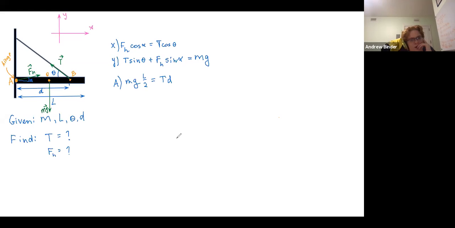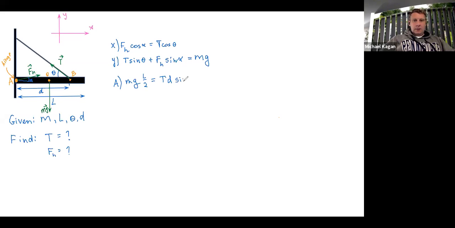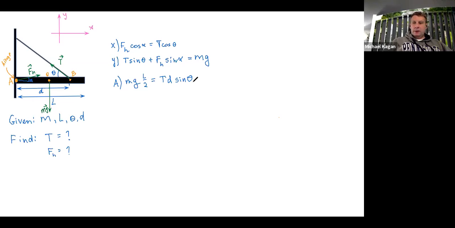I think it should be sine. Exactly. If theta is 0, the torque of tension should be 0, and the trig function that does that is the sine function. Okay, that's good. In fact, this one equation allows us to find the tension right away.